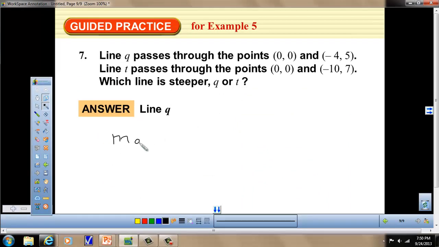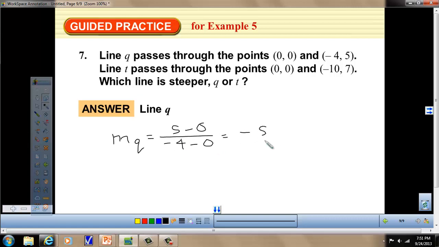We're going to look at the slope of Q, and what we do is we take the y's, so that would be 5 minus 0, and on the bottom it's negative 4 minus 0. That gives me a negative 5/4.